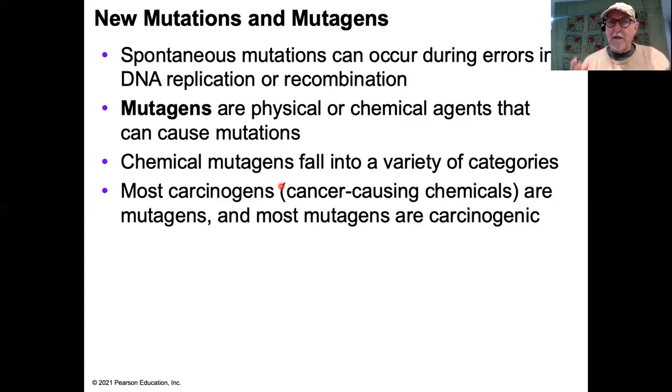There are many of these. I'm not going to discuss them in detail here, just to remind you that we do take in mutagens the whole time. We are just naturally exposed to mutagens.